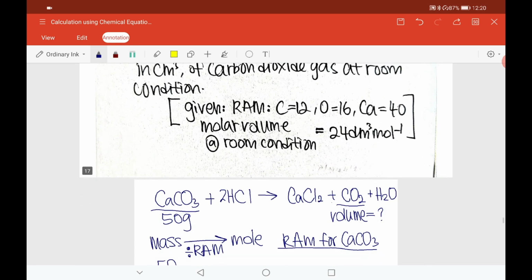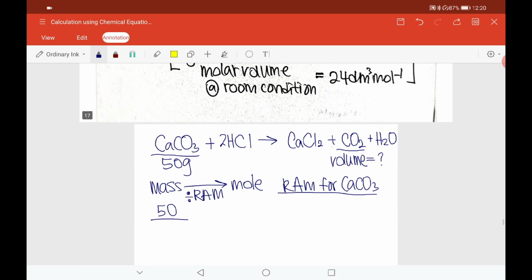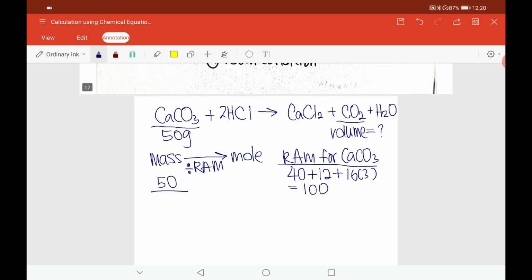Ca is 40, C is 12, oxygen is 16 times 3. Altogether it is 100. So 50 divided by 100, you will get 0.5 mole. Now we have found the mole for the CaCO3.